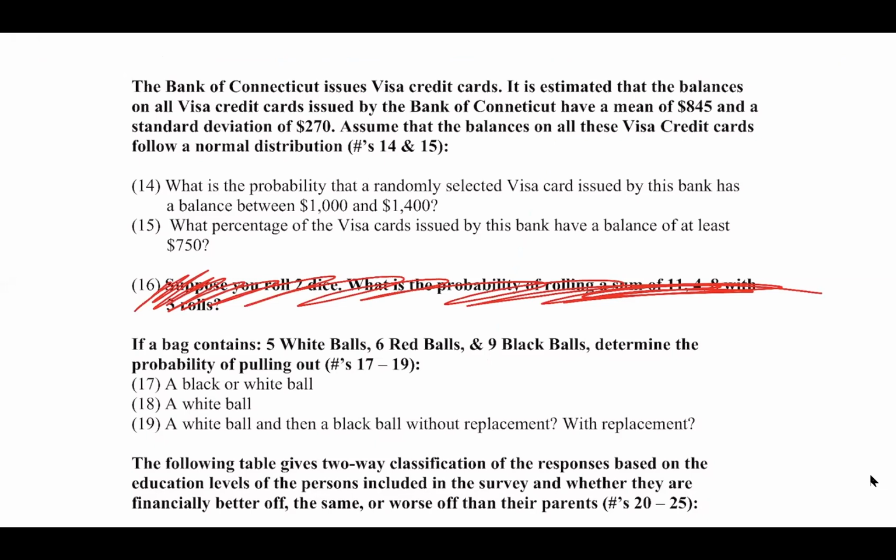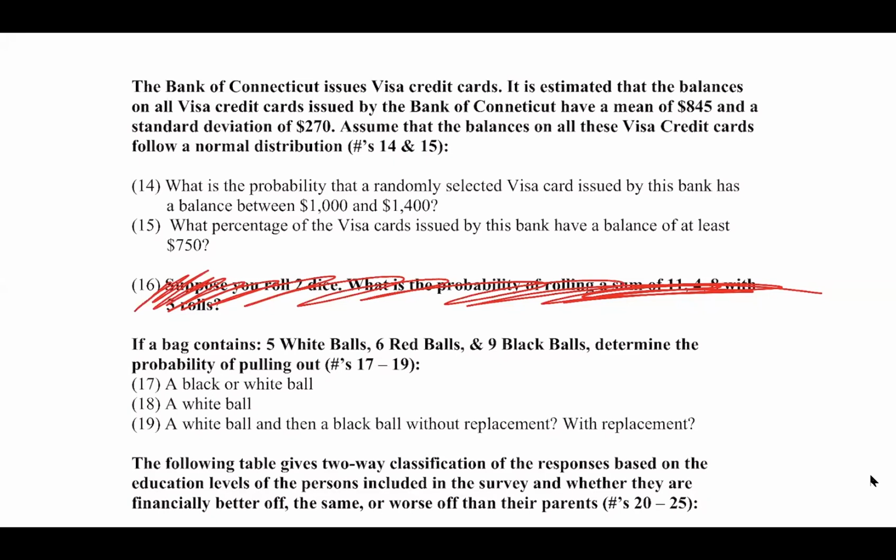All right. For question 17, it says a bag contains 5 white balls, 6 red balls, 9 black balls, and determine the probability of pulling out a black or a white ball.